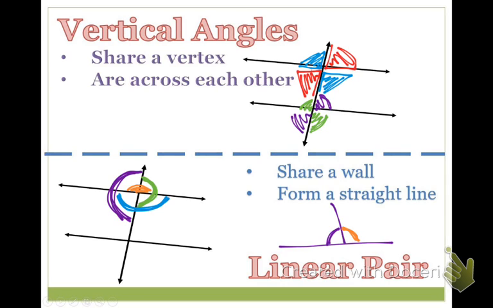I also showed them this way. These two are linear, 1 and 2. 2 and 3 would be linear. 3 and 4 are linear. And 4 and 1 are linear. So whatever works best for you. But each angle will be linear with 2 other angles. So you don't have to color that. You can if you so choose to.